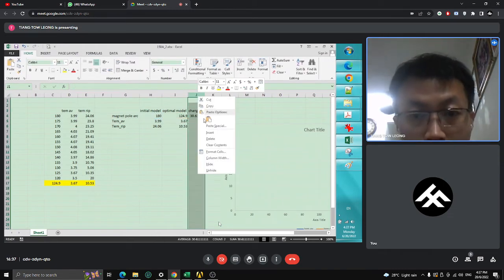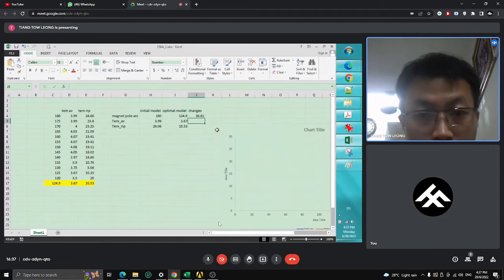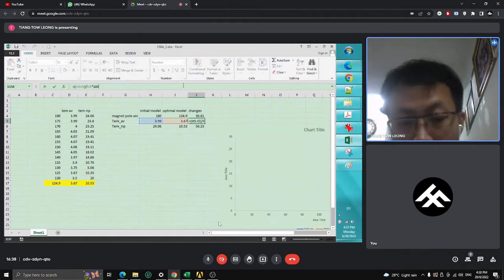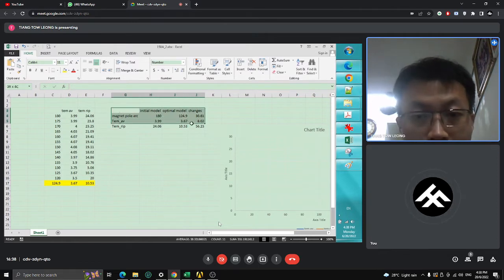So we take 200. And then this will be the same. Okay. So this one also the same. We use 3.99 minus 3.67, then divide by 3.99 times 100%. Then this one will be 24 minus 10 divided by 24 times 100%. Then we have this one. Can you understand? Then I need to put a remark for you first later on.